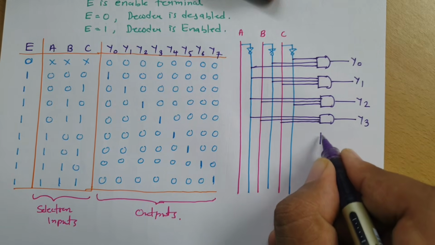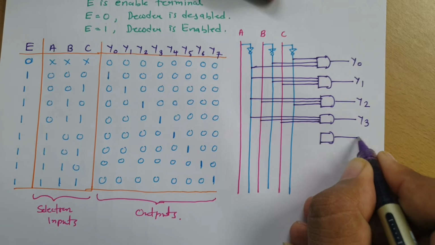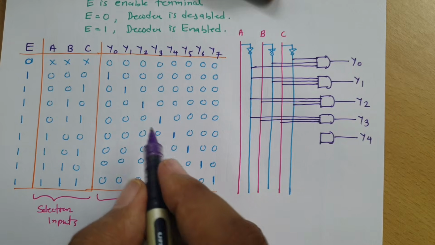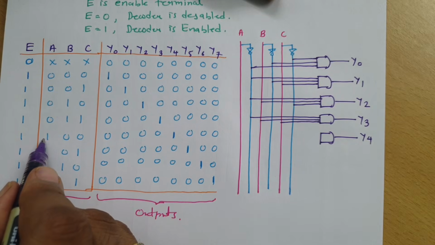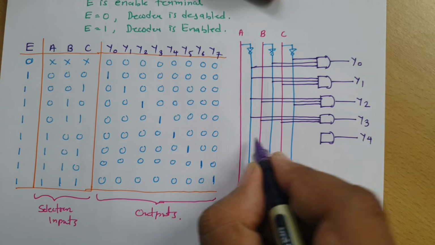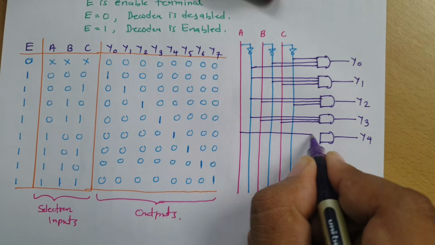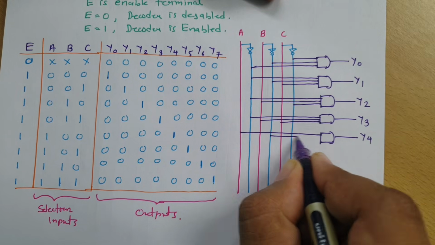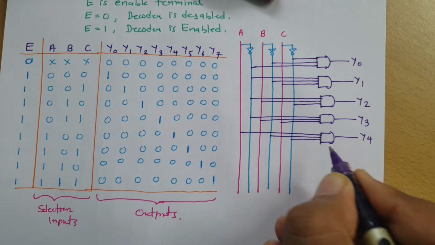To have decoding of Y4, we need ABC as 1 0 0 means A, B bar, C bar. So here we have A, then B bar, then C bar that we need to connect.